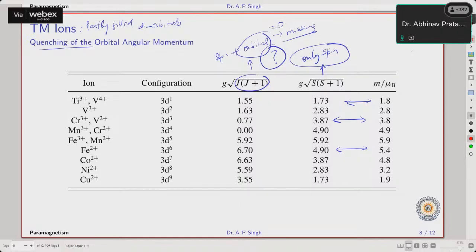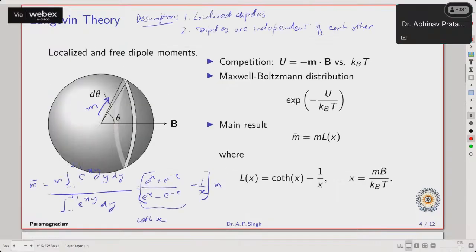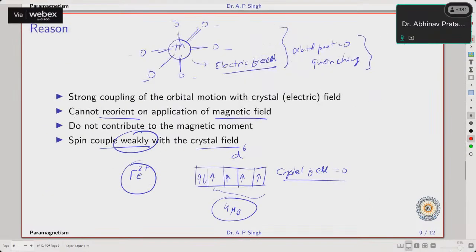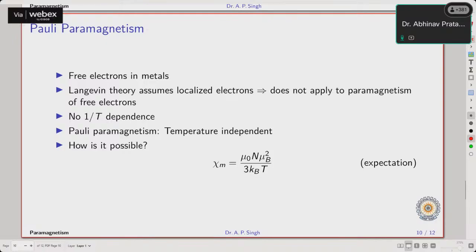Now there is another kind of paramagnetism in the system, which is actually temperature independent. That means if you increase the temperature, in this case you saw that the value of chi varies as 1 over T. Okay, that was the Pauli principle. If you look at that susceptibility, I told you that it will look something like this.